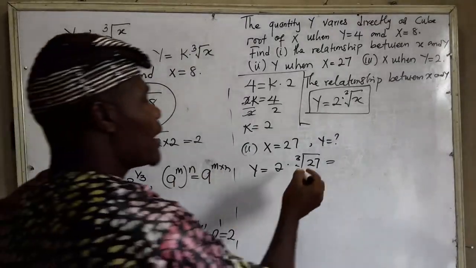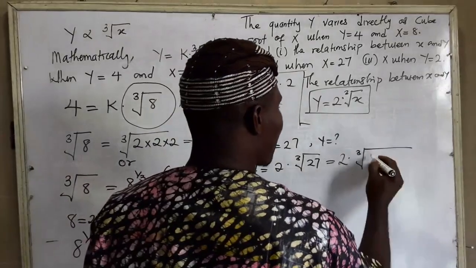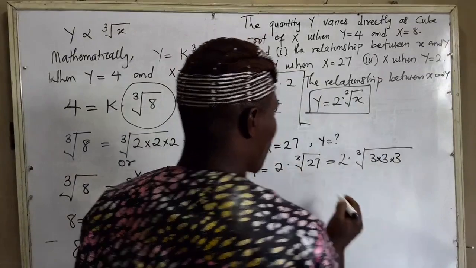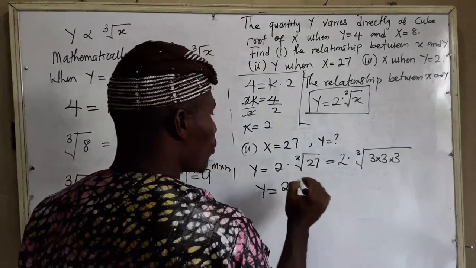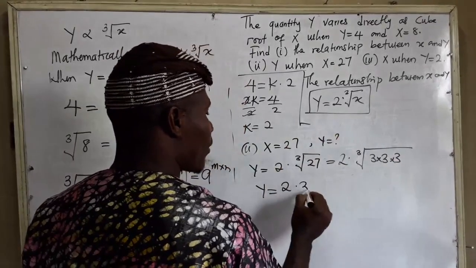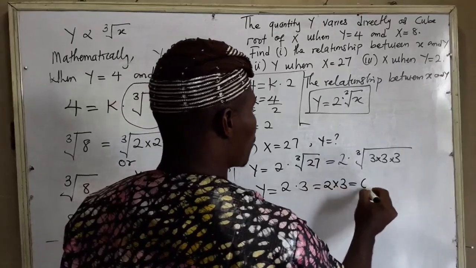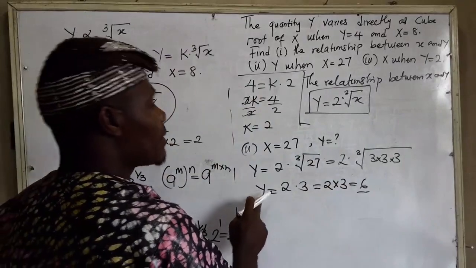So therefore, the cube root of 27 can be written as 3 times 3 times 3. So we now have y is equal to 2 dot the cube root, now you pick 1 of the 3s, which is 3. So which is 2 times 3, which is equal to 6. So the value of y is equal to 6.